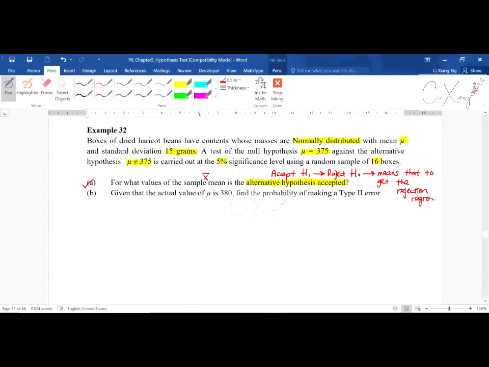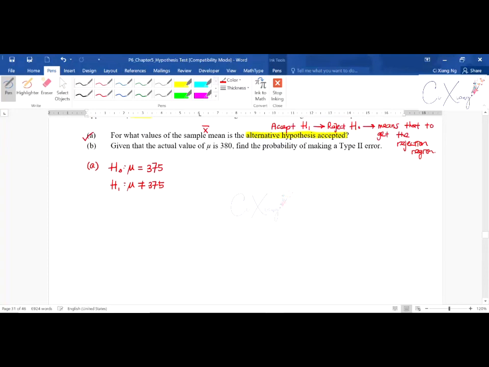Again, for part A, the null hypothesis is mu equals 375, and the alternative hypothesis is mu not equal to 375. If you don't know how to start, draw a diagram to help you first. This is a two-tailed test. I have a rejection region on the left and also a rejection region on the right.